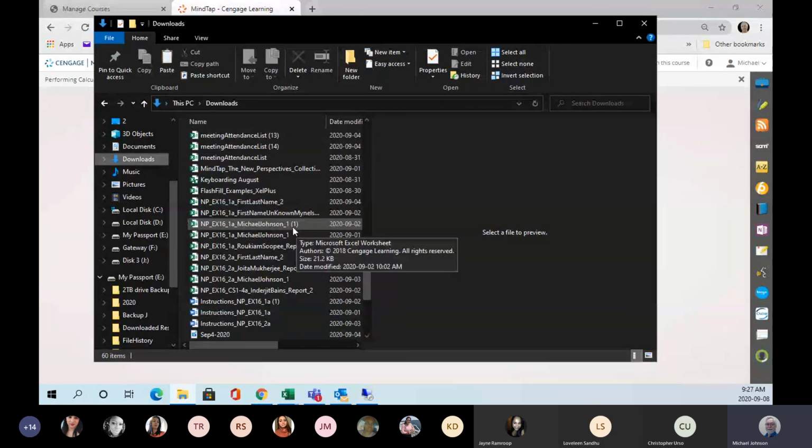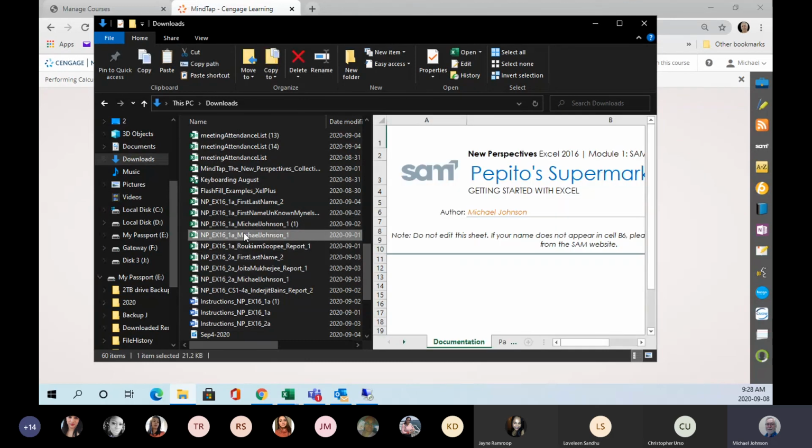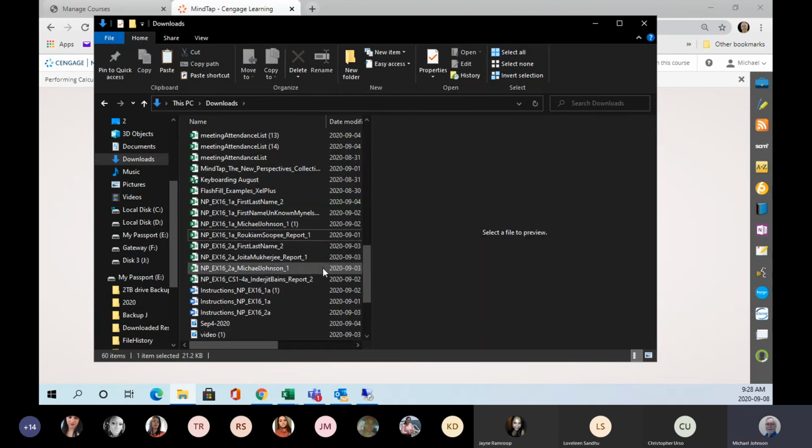Yep, right there. So this one right here says _1 bracket 1 bracket. If you have that extra bracket, you need to delete it. And the easiest way of deleting it is, as long as you don't have another one with the same name. Now I have one here, so I'm going to have to delete this one just so I can do what I want to do here.